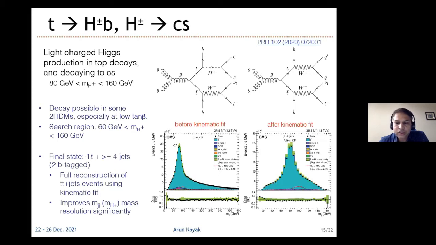So what is done is to use a kinematic fit to reconstruct the full tt̄ events so that the jets are assigned correctly and they are corrected. With the kinematic fit, you improve the dijet mass resolution significantly, and you get this kind of distribution for the tt̄, and you have distributions for signal here, for example, for the 100 GeV signal.